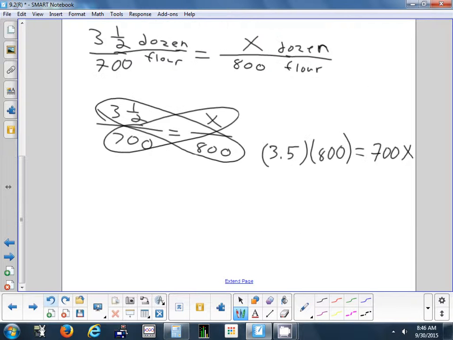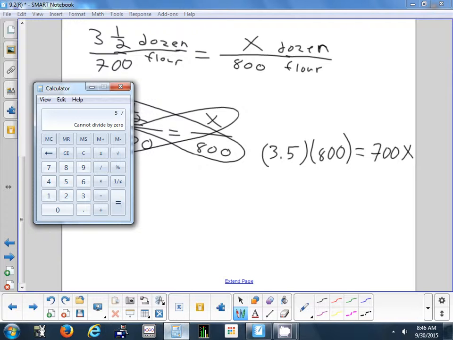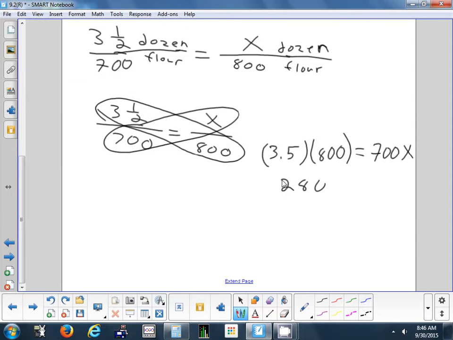All right, now I gotta solve that for x. Michaela, can you tell me what do I do first here? Multiply the 3.5 and the 800. All right, so 3.5 times 800 gives me 2,800 equals 700x.